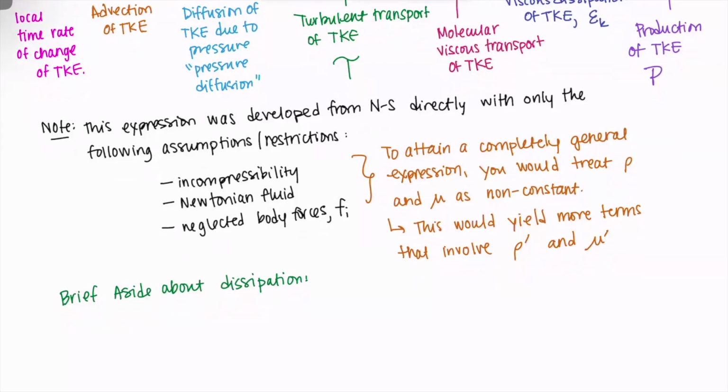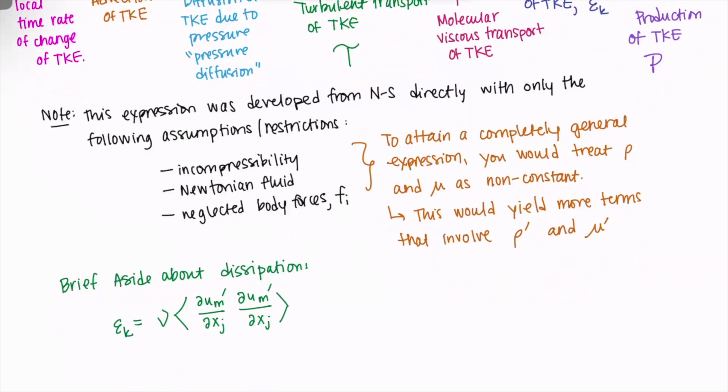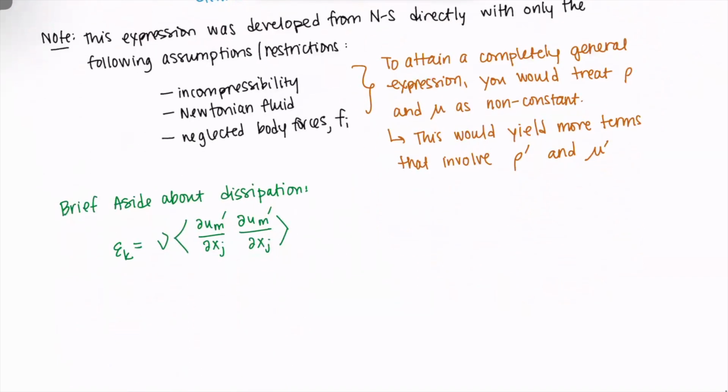We have that epsilon_k is our viscosity times the gradient of the velocity fluctuations double contracted with itself. Okay. So if you remember back when we introduced turbulence as a topic, turbulence exists on different scales, right?